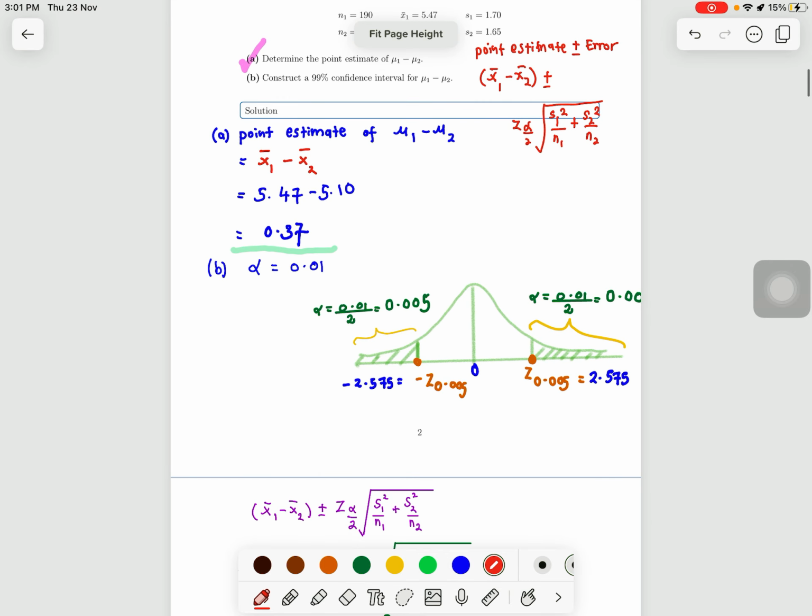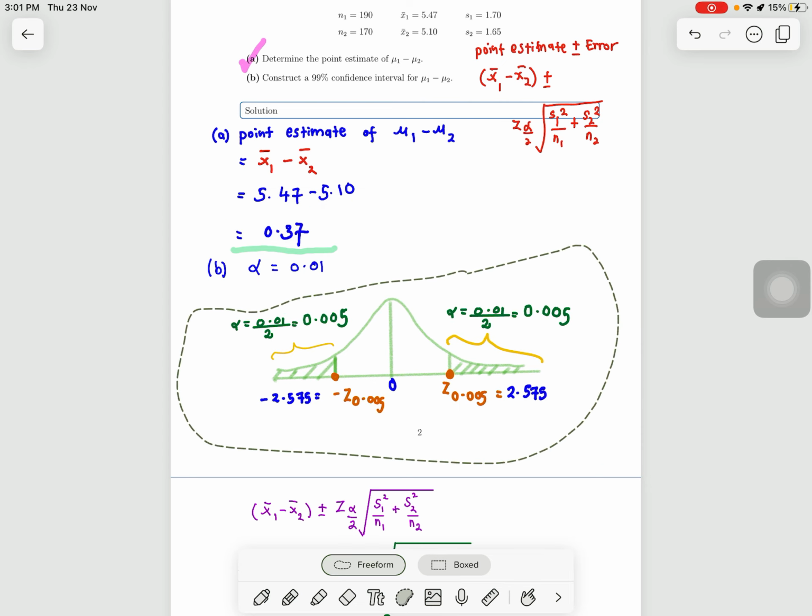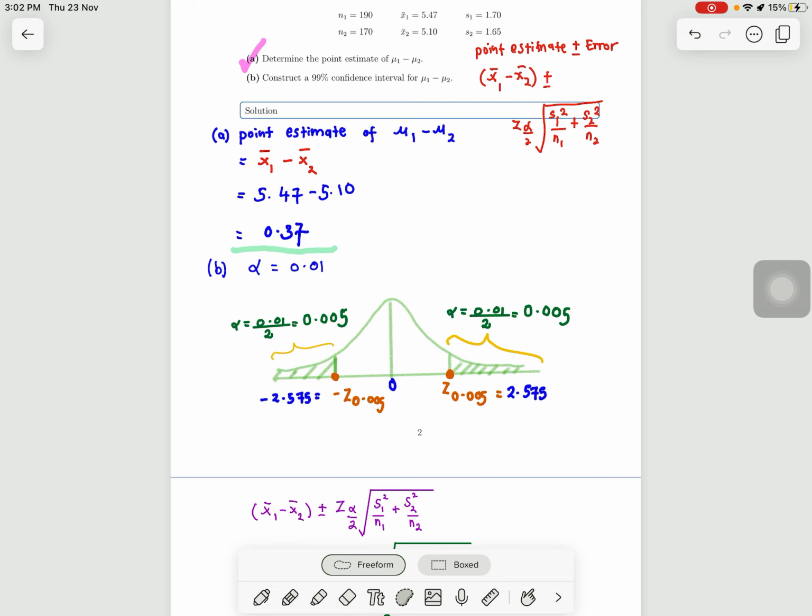So 0.01 divided by 2 is 0.005. Remember, there's no negative value for area. The negative is because it's situated at the left hand side of 0, less than 0.